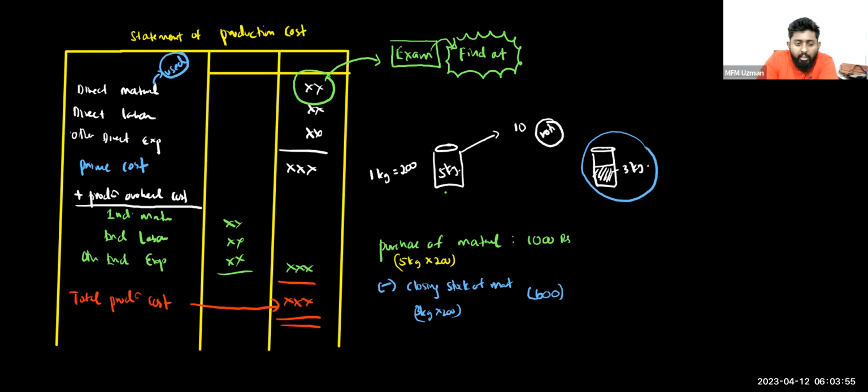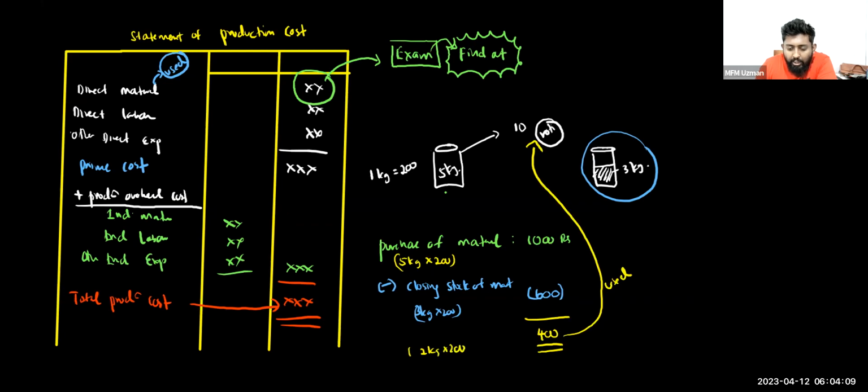So this will give you an idea. 400 worth of flour is used to make these 10 rotis. Do you all agree, guys? Which is 2 kilos, no? Very simple, I'm taking a very simple way. This we call cost of raw material used.